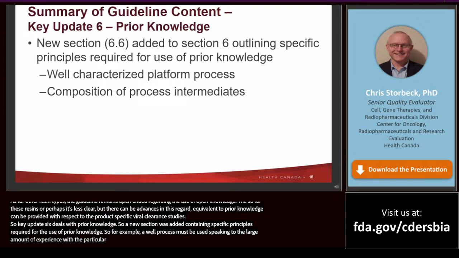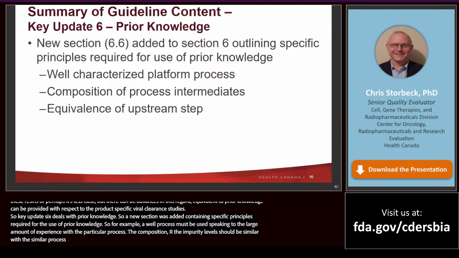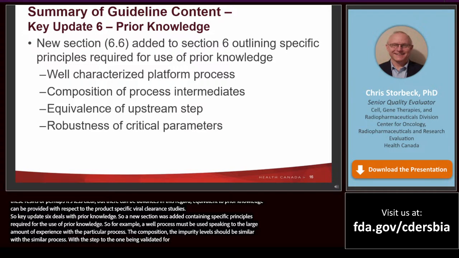The composition of process and intermediates, what are the impurity levels? They should be similar with the similar process. In addition, the order of unit operations should be the same, with an equivalence of the upstream step to the one being validated for viral clearance. And the robustness of the critical parameters should be demonstrated as well.